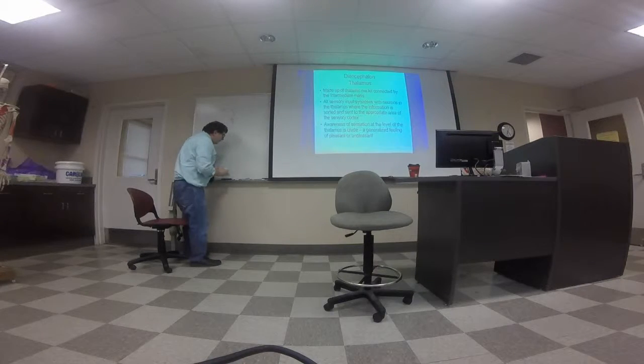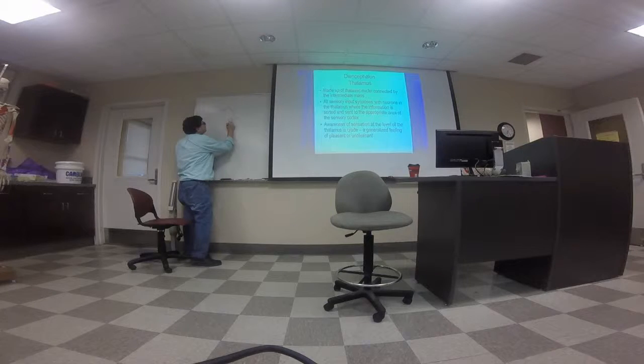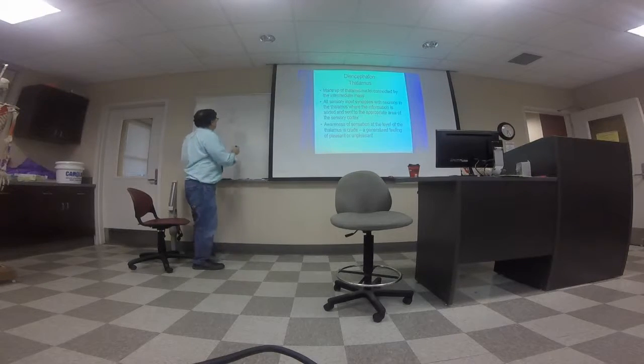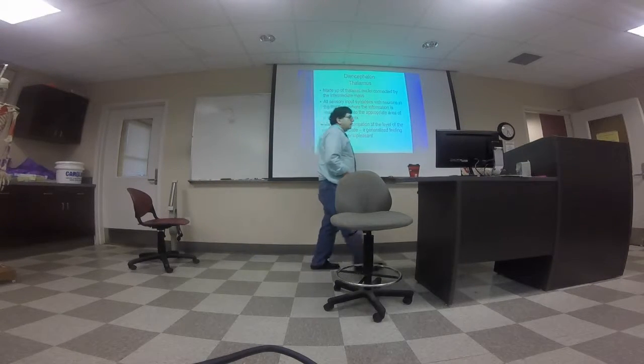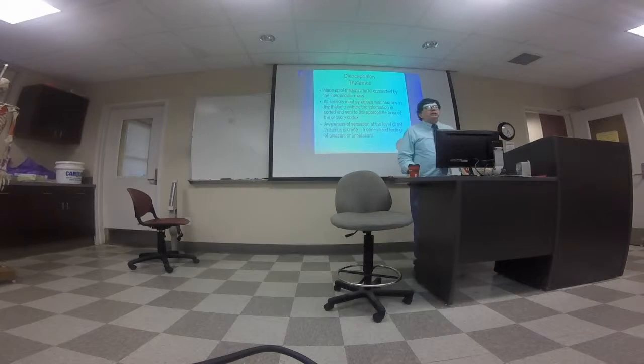The intermediate mass is going to connect the two thalami. It's going to pass through the third ventricle like this. So that would be the thalamus on the medialmost aspect of each hemisphere. The thalamus acts as a relay station for sensory information.